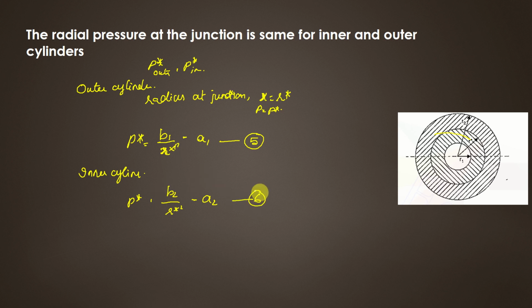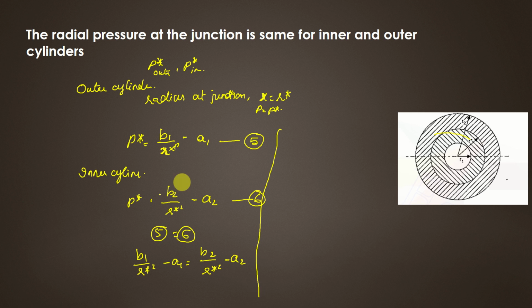The statement says the radial pressure for the outer cylinder and inner cylinder is the same at the junction. So let us equate 5 and 6. B1 by r star square minus A1 is equal to B2 by r star square minus A2.